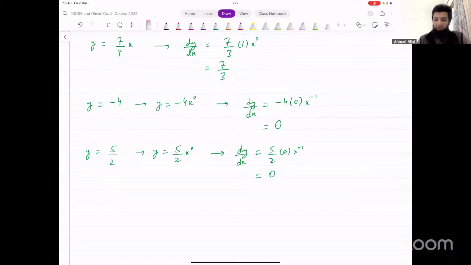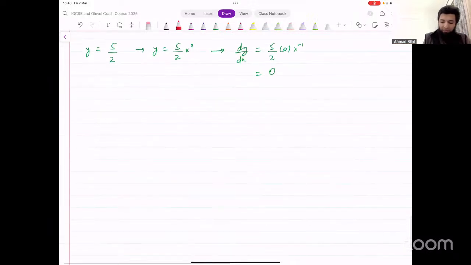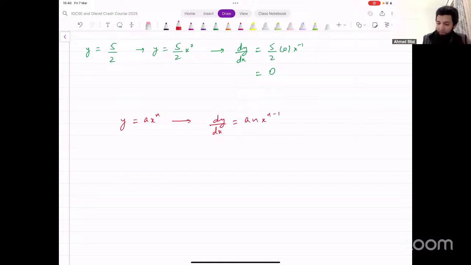All right. So what was the rule that we had earlier? Earlier, the rule was if we have y equals ax power n, the derivative is going to be a remains as it is. You multiply by the power and you subtract 1 from the power, right? That was the rule. Now, from this rule, we have two specific cases that emerge that we can just remember because that will speed up things for us sometimes.